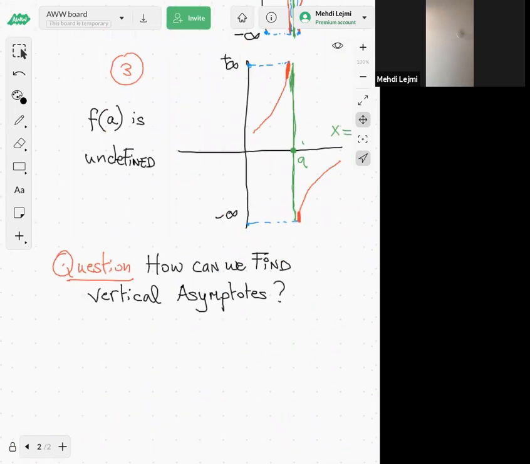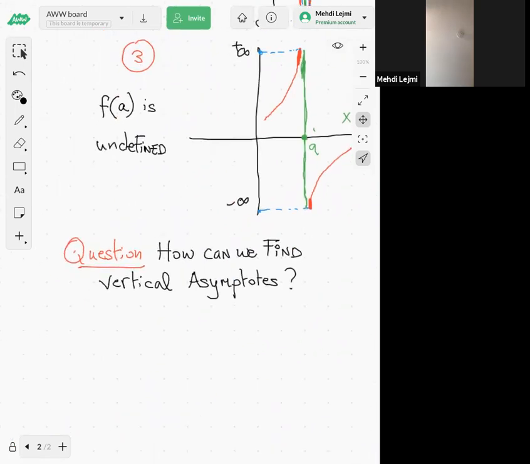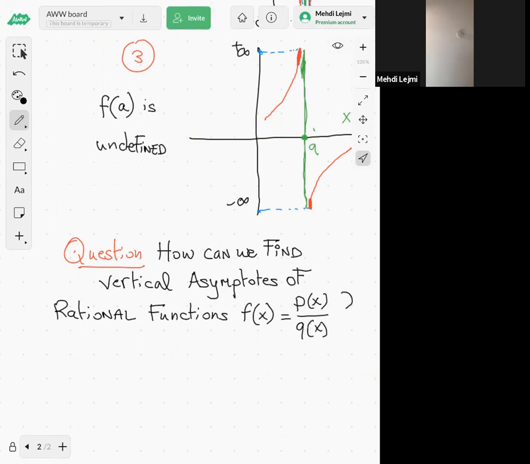So how can we find the vertical asymptote of rational functions, f of x equal to p of x over q of x? Well, all you have to do is solve the bottom, the denominator q of x equal to 0.